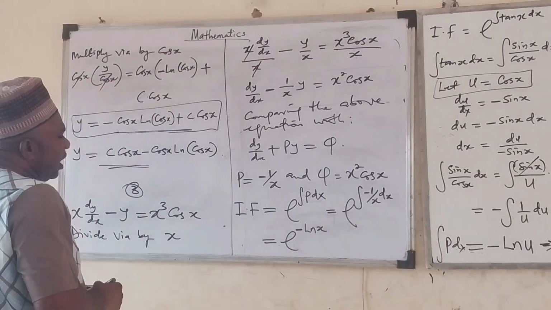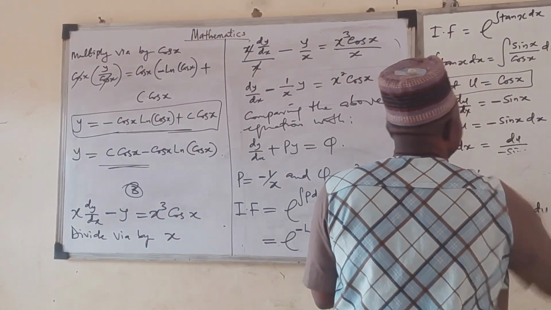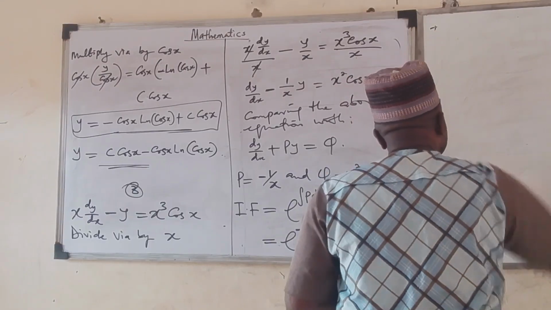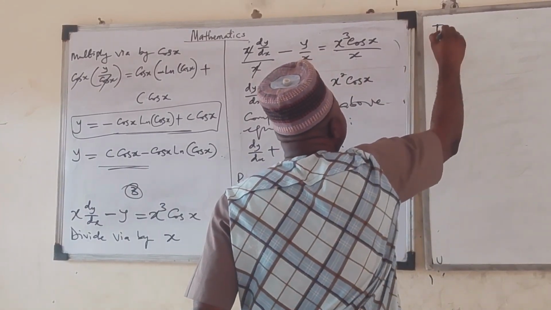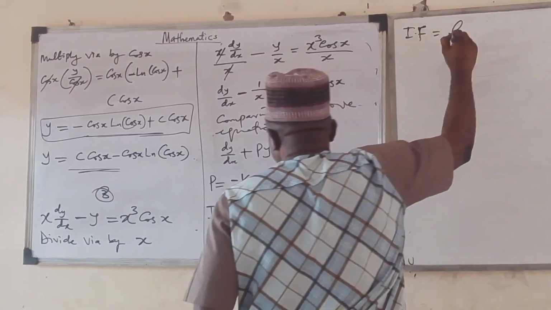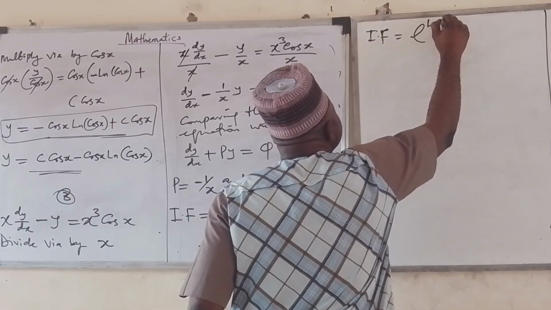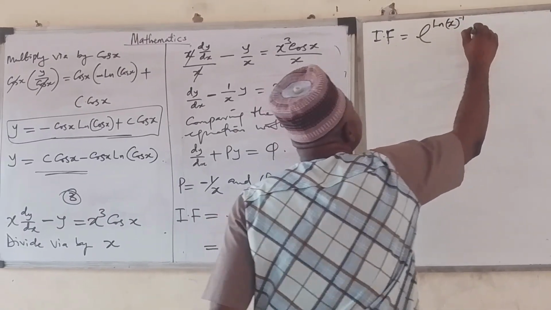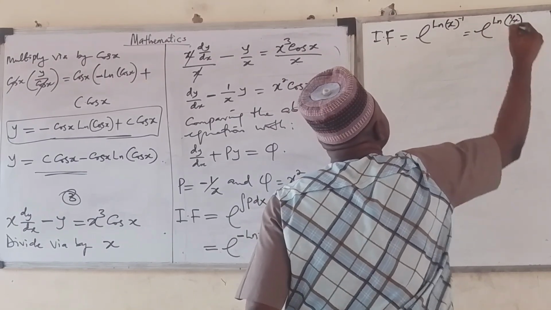The integrating factor will be e raised to the power of ln x raised to the power of minus 1.